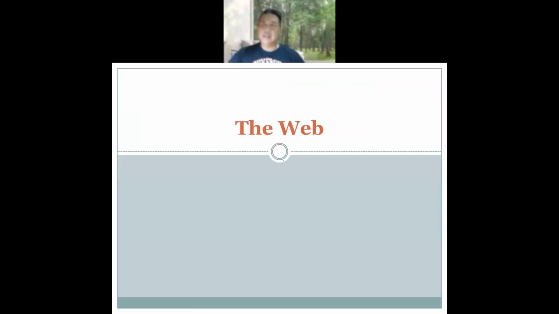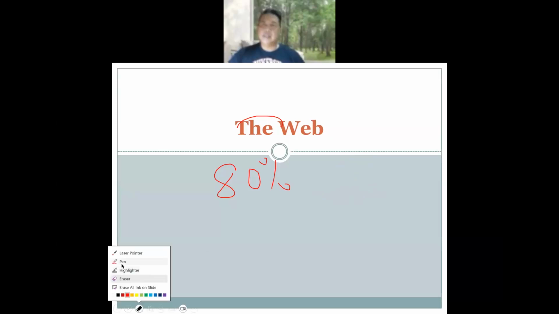So we can say that 80% of the data come from the web, unstructured data. Unstructured data means text, video, images.